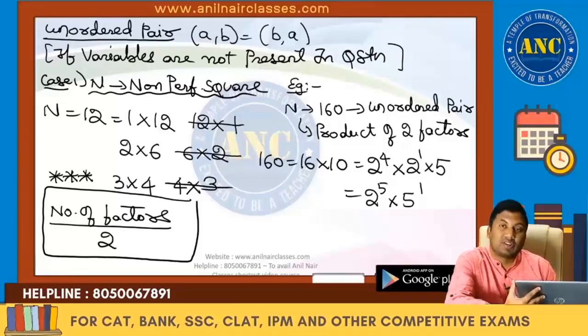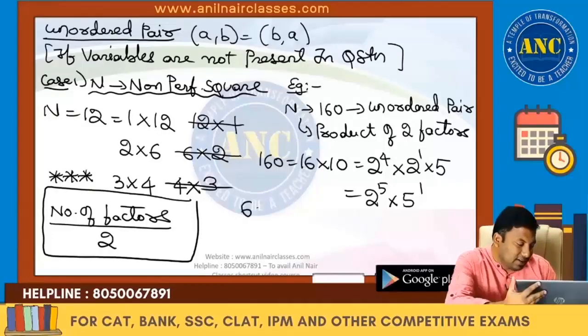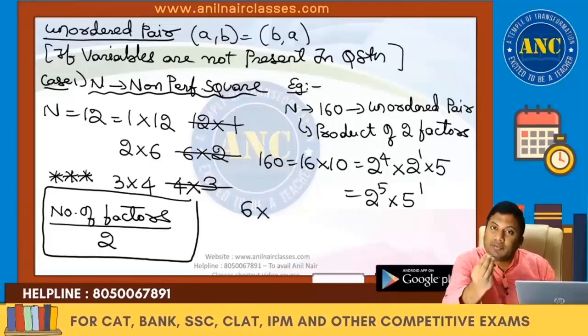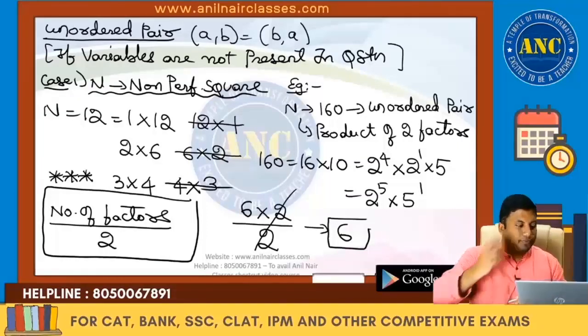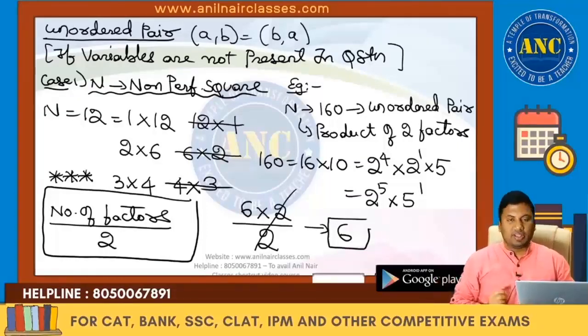Number of factors for 2 power 5 is 2 power 0 to 2 power 5, 6 cases. 5 power 1 is 5 power 0 to 5 power 1, 2 cases. Unordered, divided by 2. The answer is nothing but 6 cases.